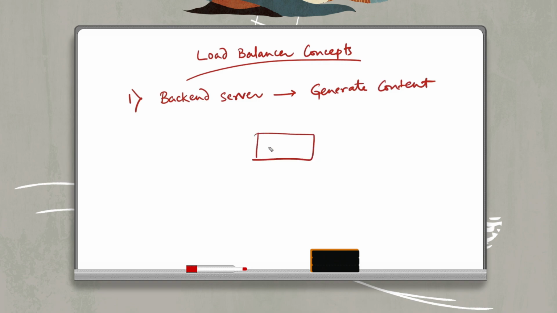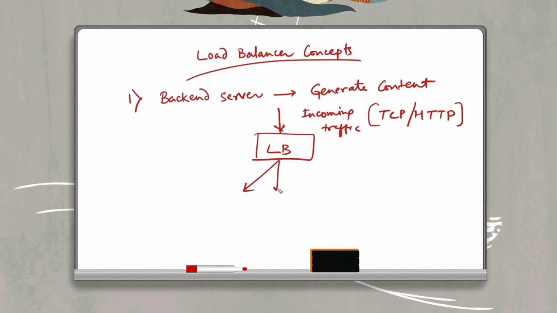For example, this is your load balancer. This is the incoming traffic. So it can be TCP or it can be HTTP traffic. Then the load balancer is going to forward it to, or distribute it to, the backend server. So ultimately, this backend server is responsible for generating content.